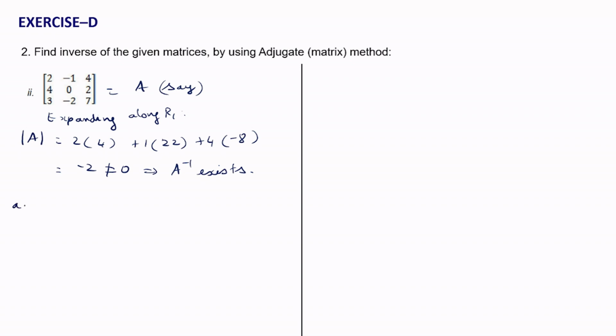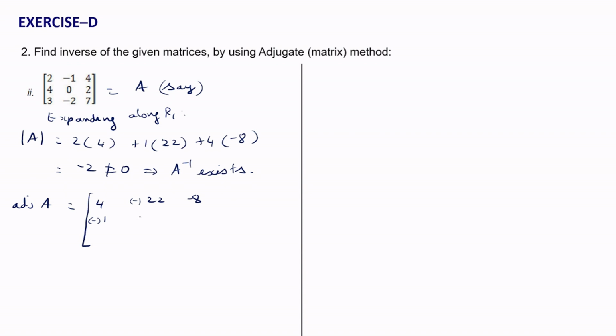Now let us find adjoint of A. Adjoint of A is the transpose of the cofactor matrix. So here it is 0 plus 4, 4, then minus of 28 minus 6, 22, then it is minus 8. And here it is with a negative sign: minus 7 plus 8, 1, so minus 1.